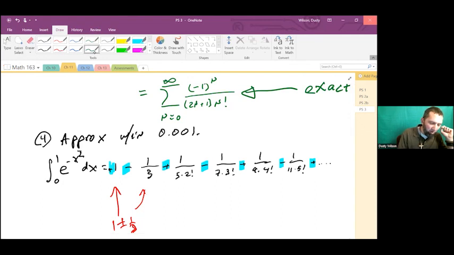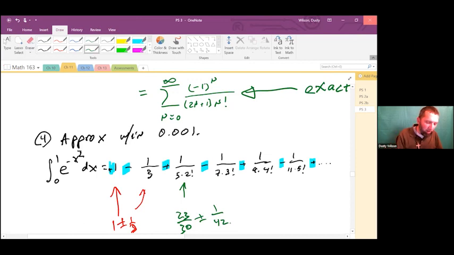Or think about here, this is 1 minus 1/3 plus 1/10. That's 23 over 30. So you could say it's 23 over 30 plus or minus the next term out, which looks like 1 over 42.